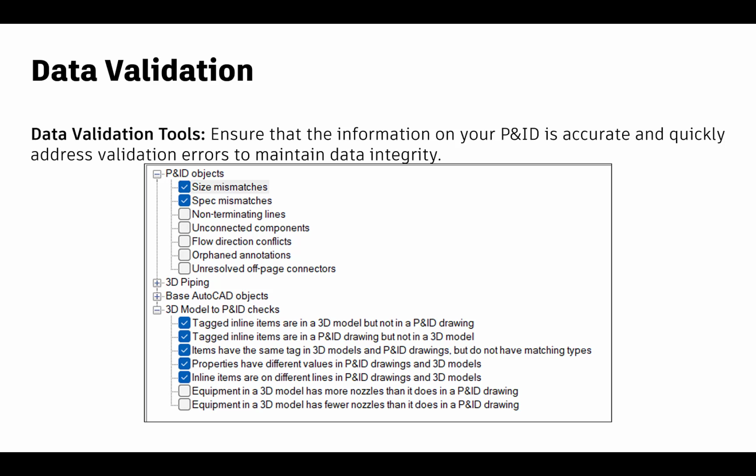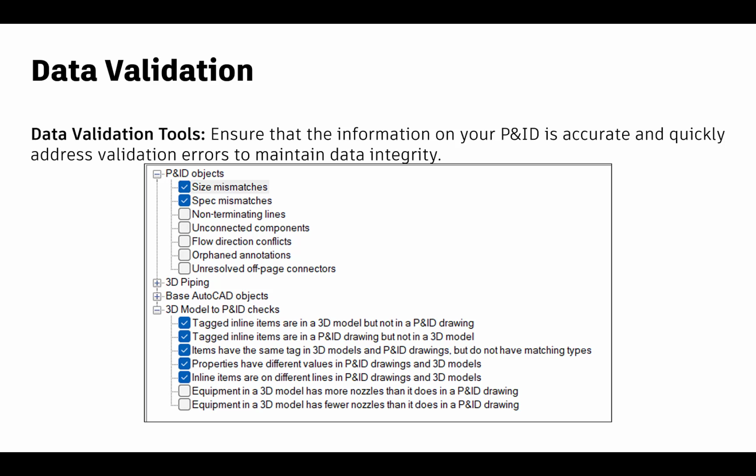So the first one is pretty straightforward because you are simply checking for any disconnections or any property mismatches. And the second type of validation requires that you have an understanding of what kind of discrepancies are in that P&ID drawing and your 3D model and why that exists.